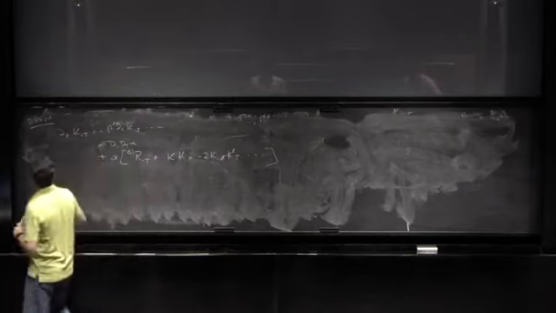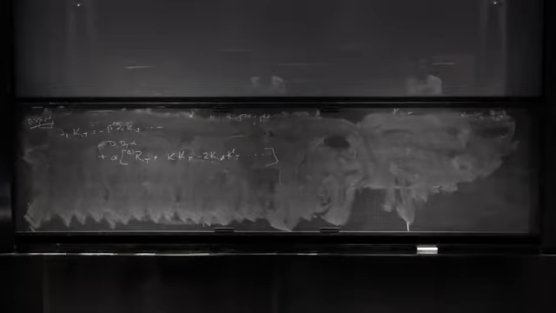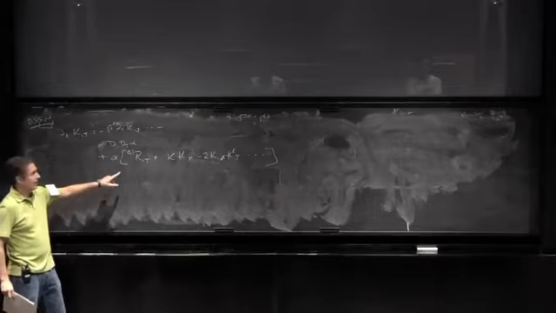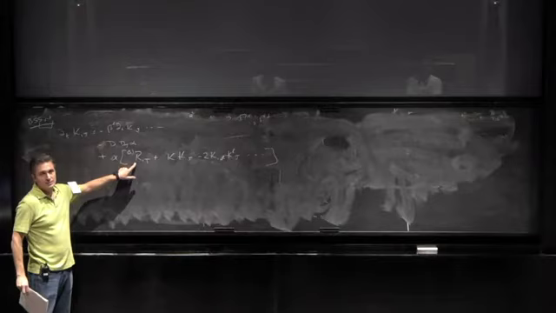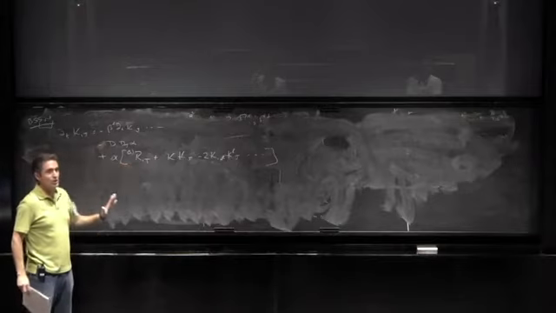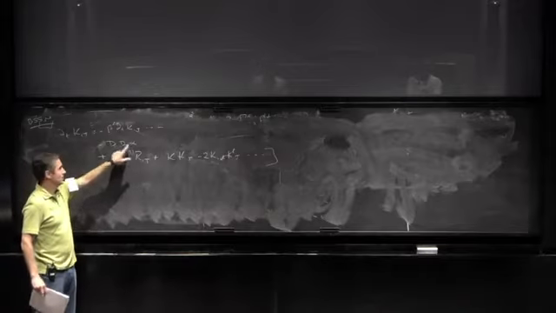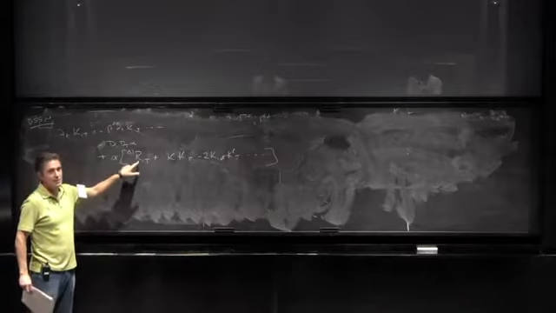So BSSN stands for the following. Shibata and Nakamura, in the late 80s, early 90s, realized there was some issue here, the same issue that we discussed. They didn't quite go all the way on the mathematical arguments, but they were already kind of feeling that something needed to be done with this term.